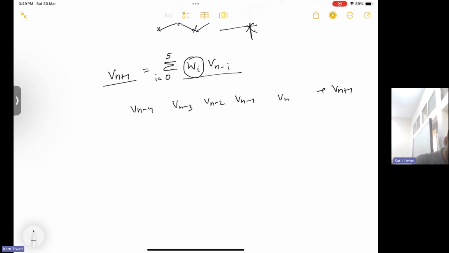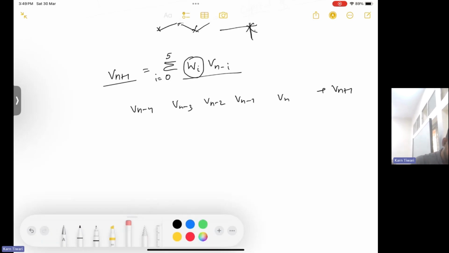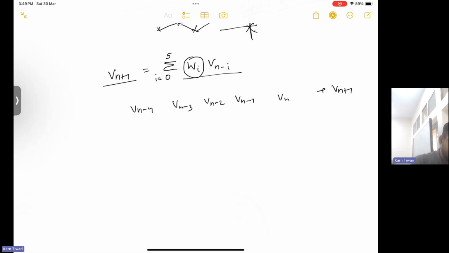Suppose I gave more weight to this Vn. Basically, suppose I gave more weight 0.6, then 0.2, 0.1, then 0.08, and 0.02.